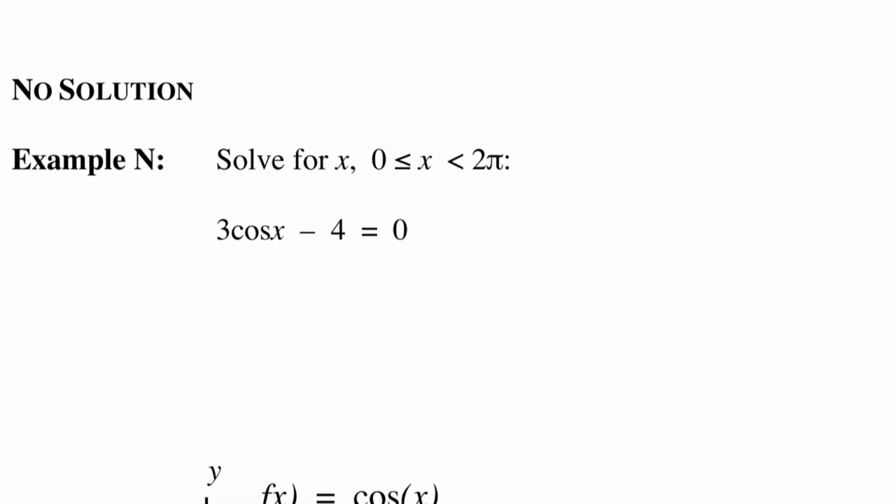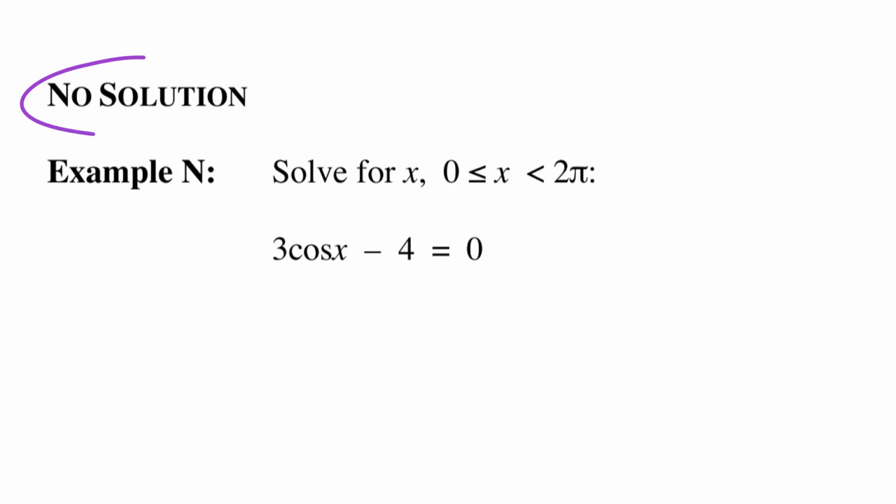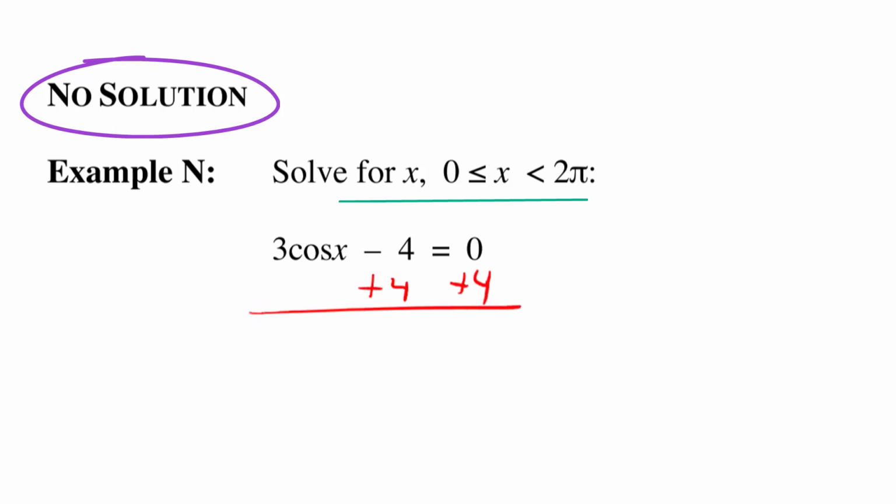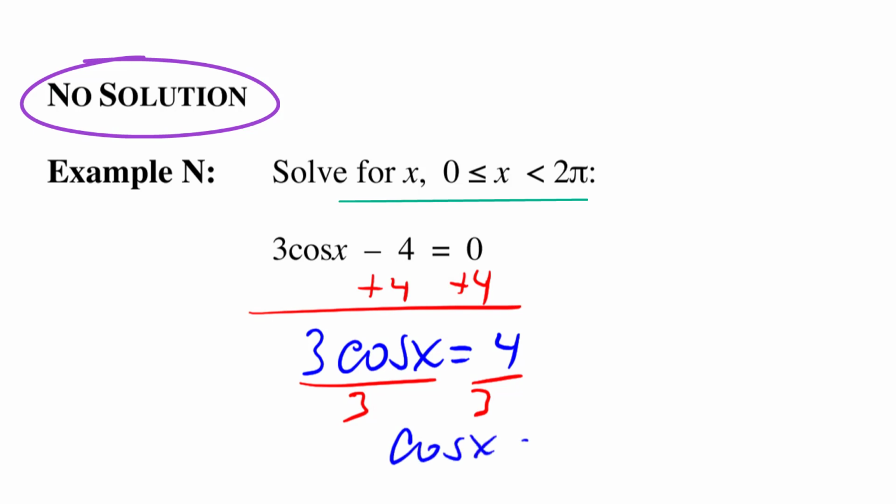All right. Now notice it says there, no solution. So let's take a look at this example that says solve for x. We're going to start by adding 4 to each side. 3 cosine x equals 4. And we'll divide each side by 3, just like we would in algebra. And notice we get cosine of x is 4/3.